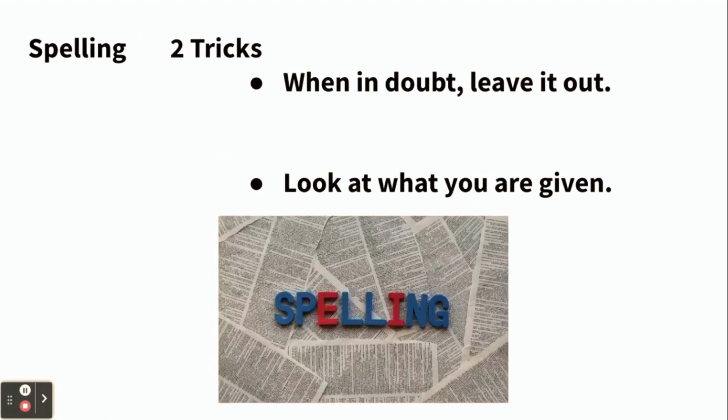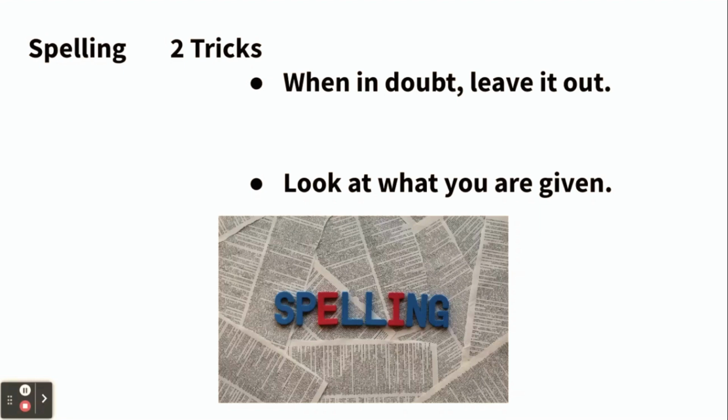Here's 2 tricks. When you're writing and you come to something and you're just not sure about it, when in doubt, leave it out. So let's say you're working on writing about something with a word that you're just not real sure how to spell.